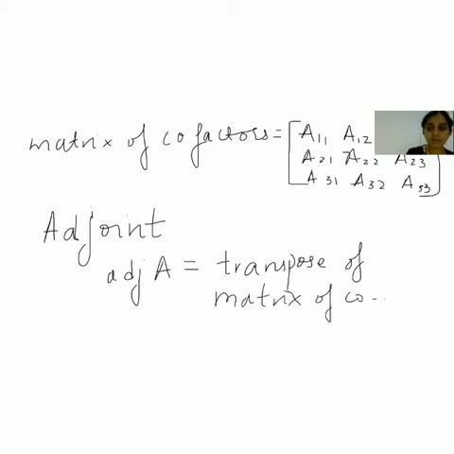What is the adjoint of A equal to? Transpose of the matrix of cofactors. Transpose is inverting the rows and the columns. That means the first row becomes the first column and the first column becomes the first row. So the adjoint of A is the transpose of the matrix of cofactors. The last step is to find the inverse, not the adjoint, since we already found the adjoint.